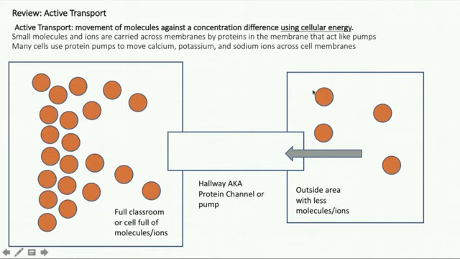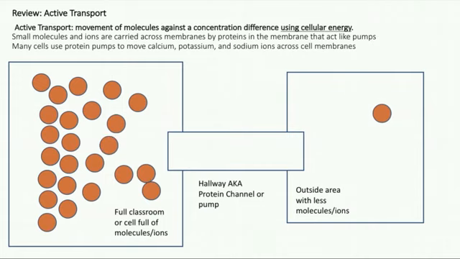And then using my energy, I am going to make all of my students go against their concentration gradient, or against what they want to do. And I'm going to have them go through that protein channel, pump them through, and I make them all go back into that crowded classroom. Now these molecules, again, they have to go against their concentration gradient. They have to be pushed to get back into this crowded classroom by a protein channel or pump.